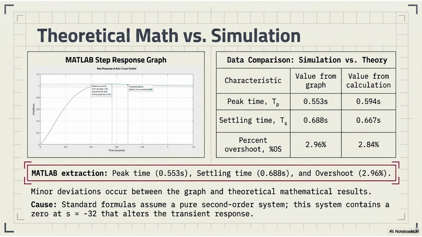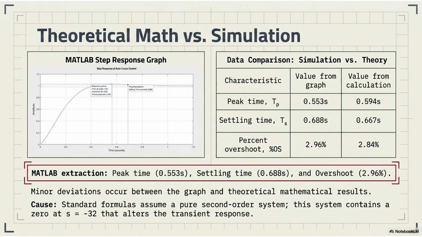To validate our math, we simulated the step response using MATLAB. This extraction from the MATLAB graph shows a peak time of 0.553 seconds, a settling time of 0.688 seconds, and a percent overshoot of 2.96%.